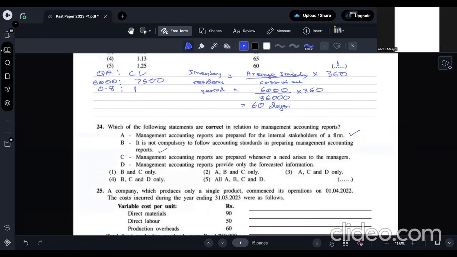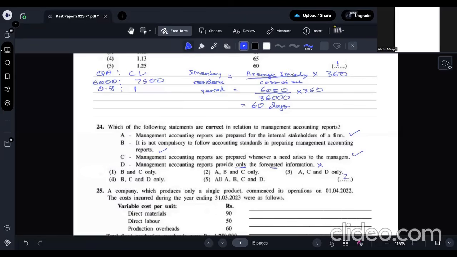C. Management accounting reports are prepared whenever a need arises to the manager. Correct, right? We prepare on demand by managers. When the manager wants information, we have to provide. That is correct. Management accounting reports provide only forecasted information. Wrong. We provide both historical and forecasted information. So answer is A, B, and C.